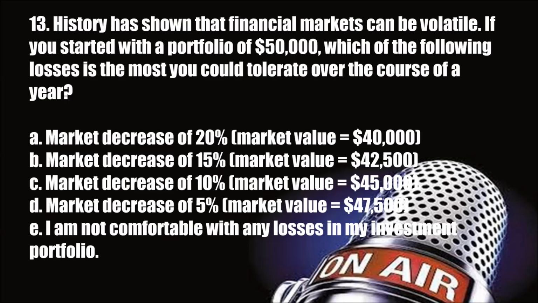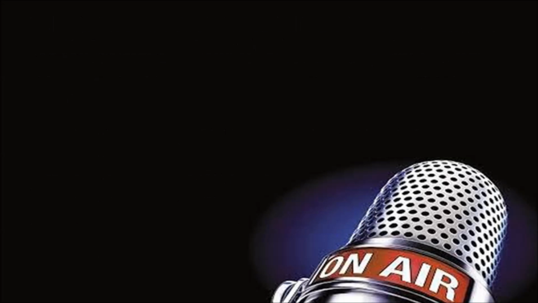C, are you comfortable if the market decreases 10%, which brings you down to $45,000? Or D, if the market decreases 5%, market value is just $47,500. There's also the answer E, where you're absolutely not comfortable with any losses in your investment portfolio. And that's okay too.